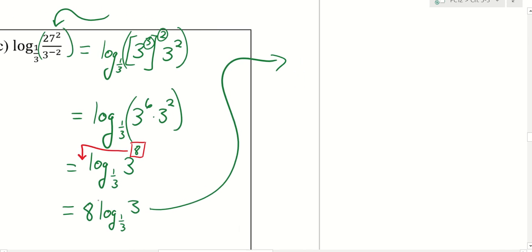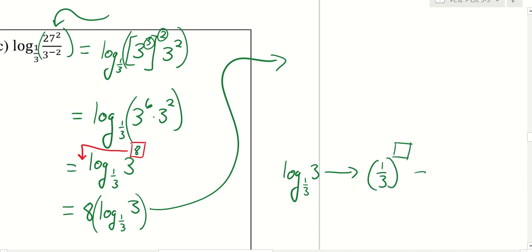Let's think about log of base 1/3. What power could we raise base 1/3 to get 3? So when we are looking at log base 1/3 of 3, this is the question we're really asking. Base 1/3 raised to what power would get us 3?